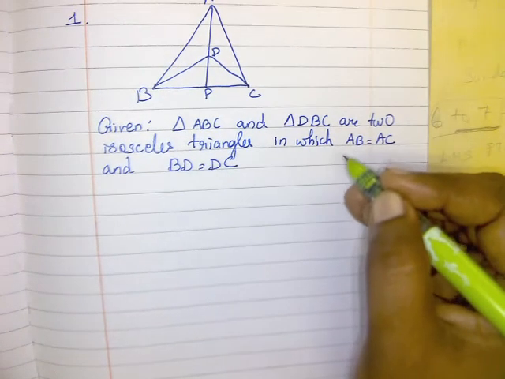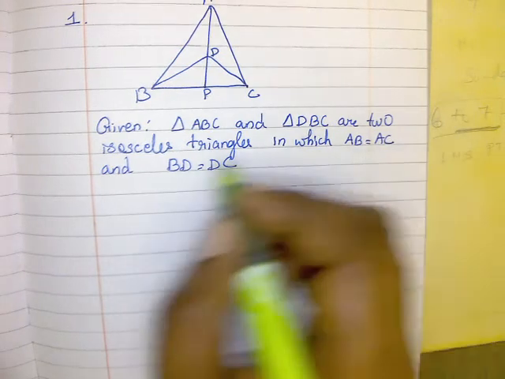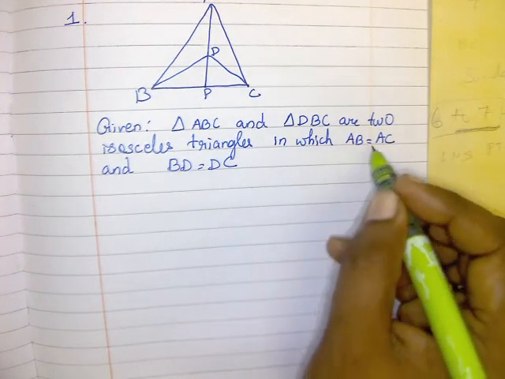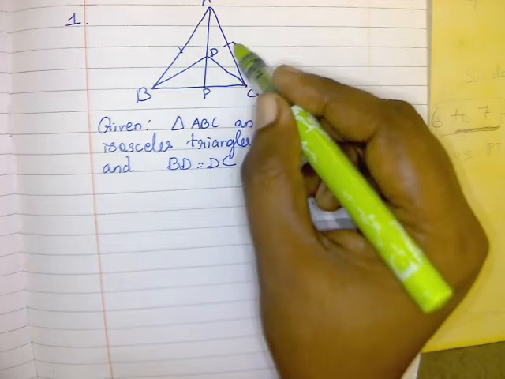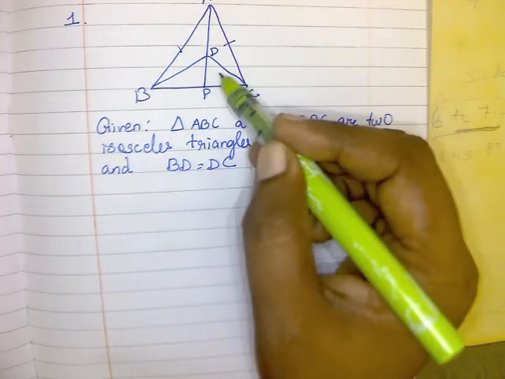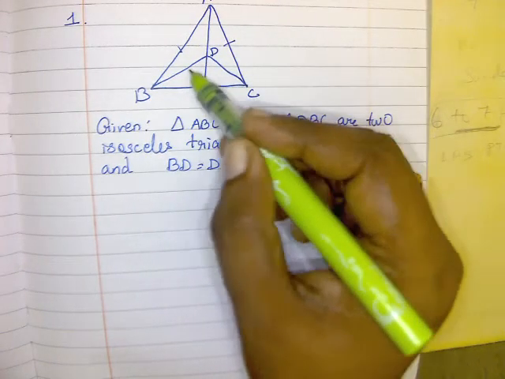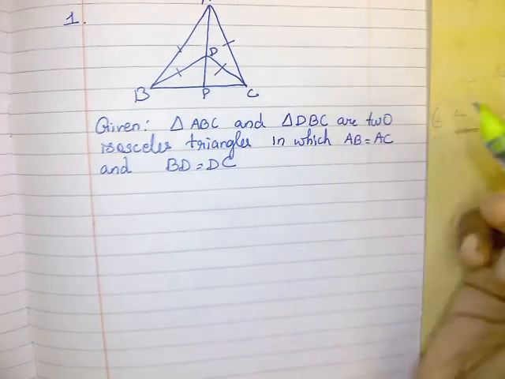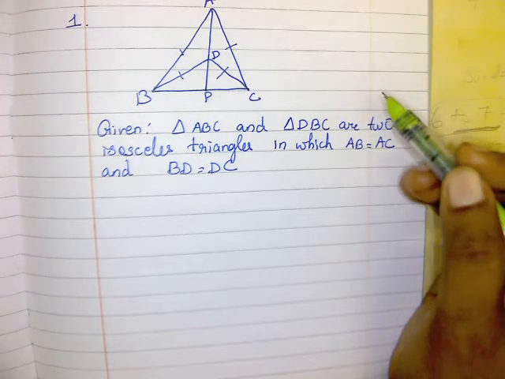Given triangle ABC and DBC are two isosceles triangles in which AB is equal to AC because this is an isosceles triangle, and DBC is an isosceles triangle, so BD is equal to DC. The two sides are equal.